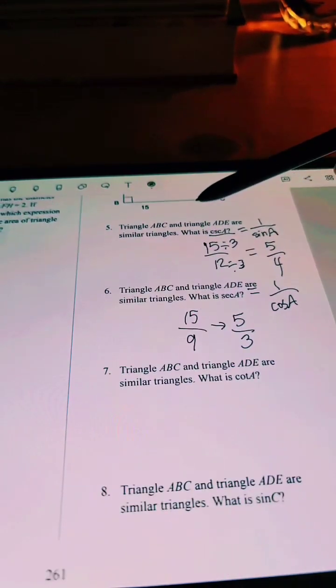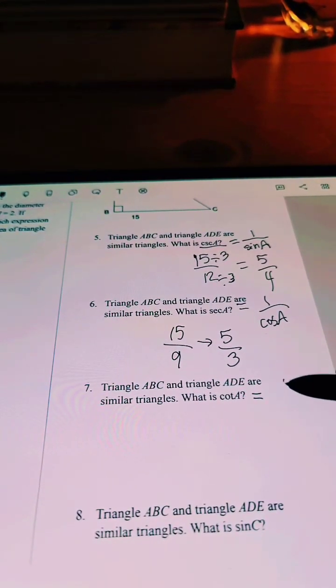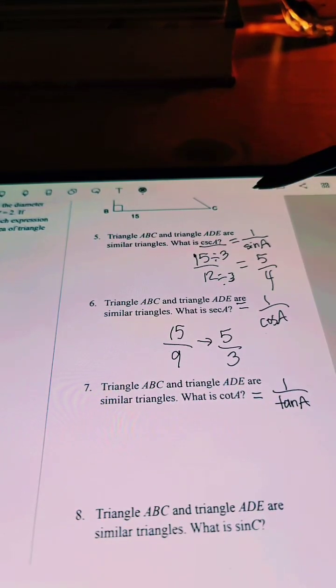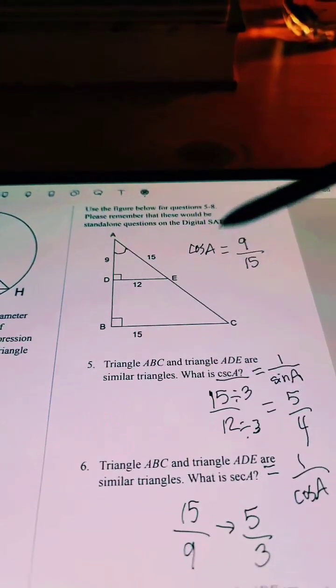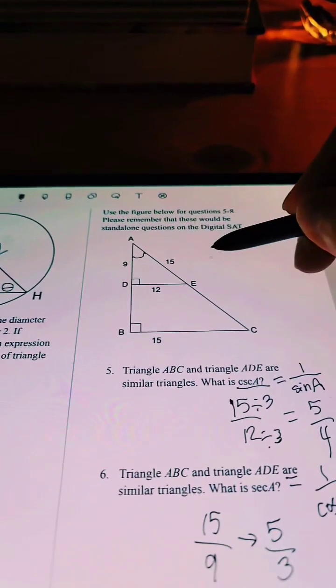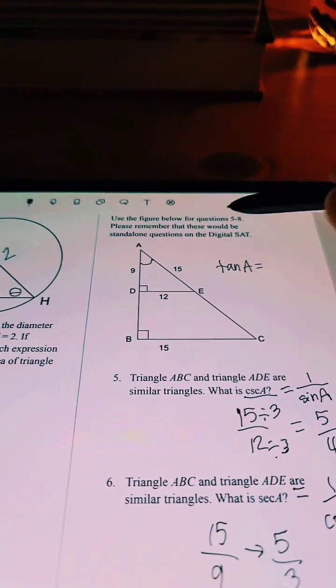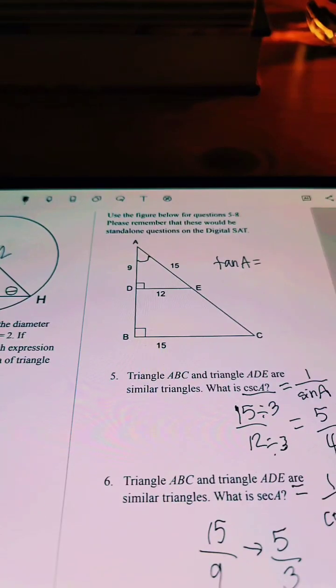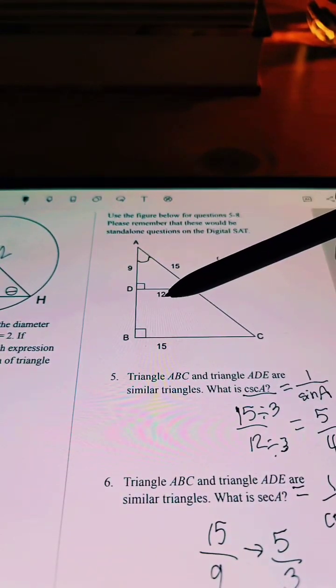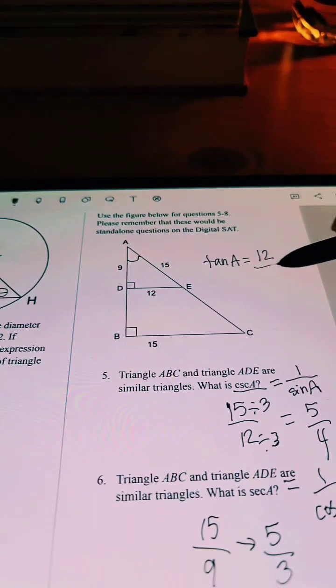So now I want to find cotangent of A. Same reference angle. Cotangent of A is 1 over the tangent of A. So I just need to figure out what's the tangent of A and then flip it upside down. Tangent of A is the TOA in SOHCAHTOA, so it's going to be the opposite, 12, I almost said 2, 12, over the adjacent 9.